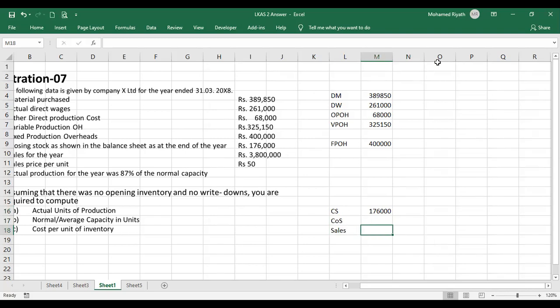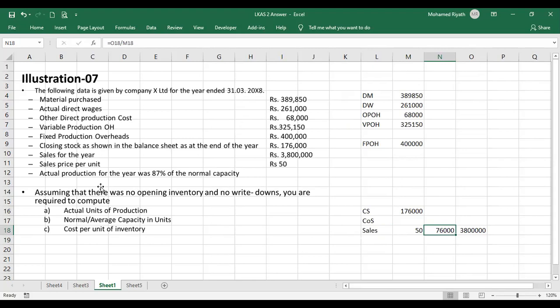Sales per unit 50. Quantity, how many units could we find? Then sales value equals 3.8 million. How many units of sales? 76,000 units of sales, right?